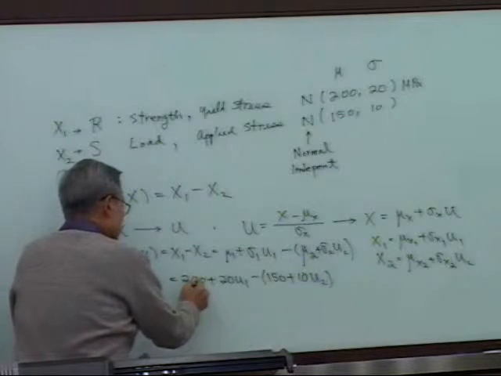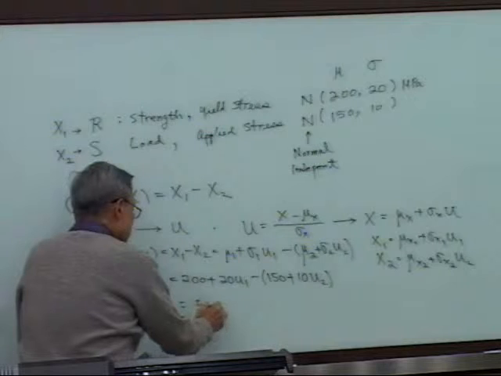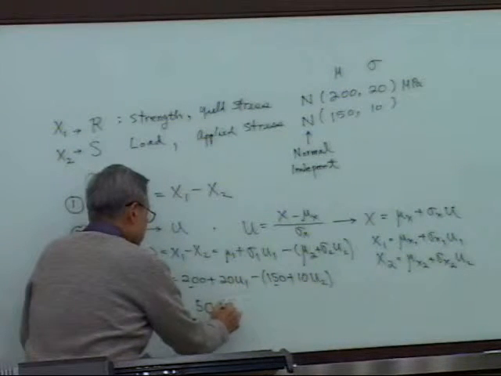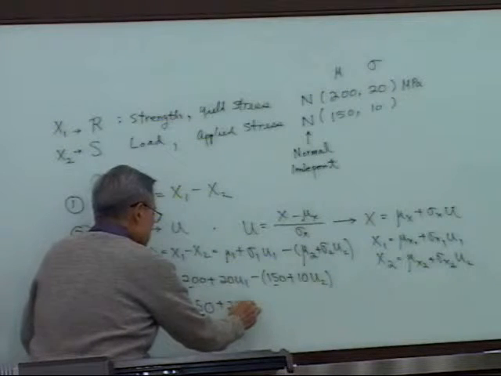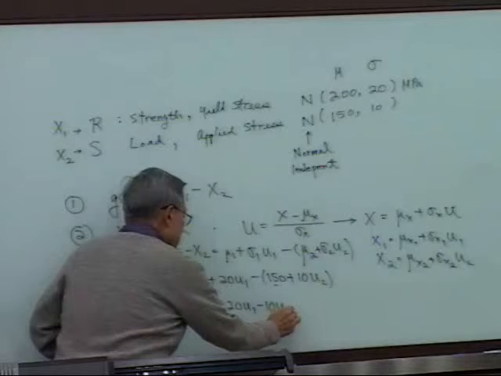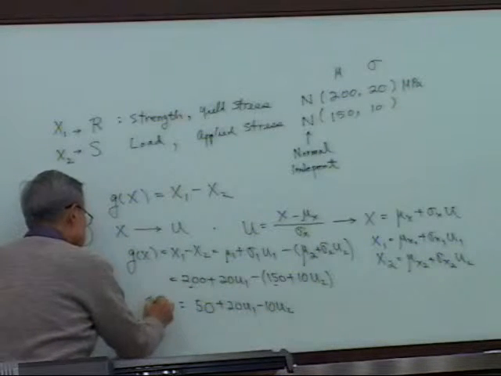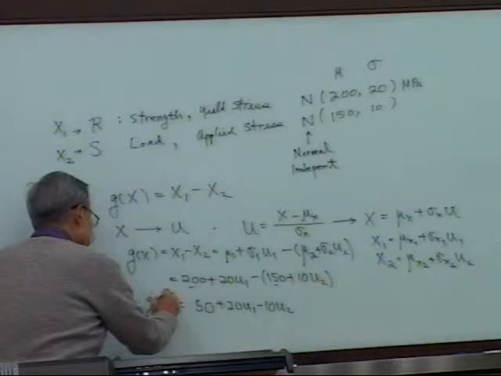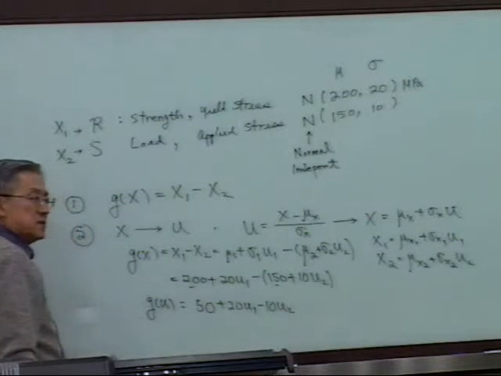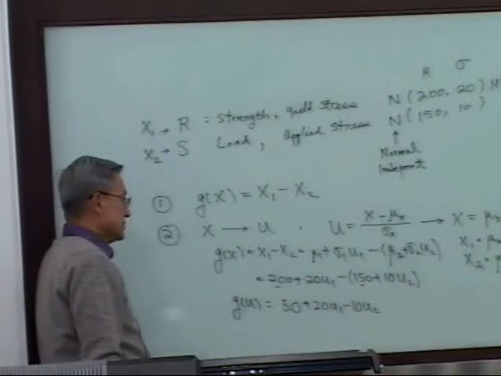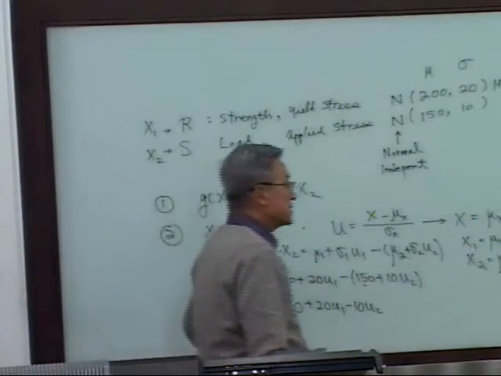So this is equal to 50, plus 20 u1 minus 10 u2. This is the performance function, now in the U space. It's a linear function. It's very nice, right?